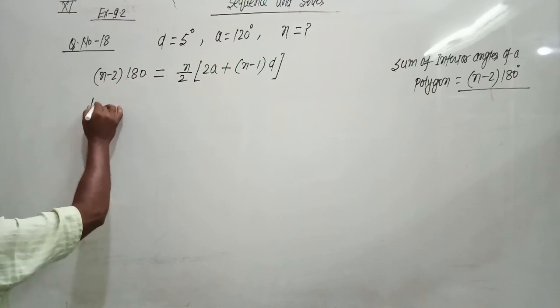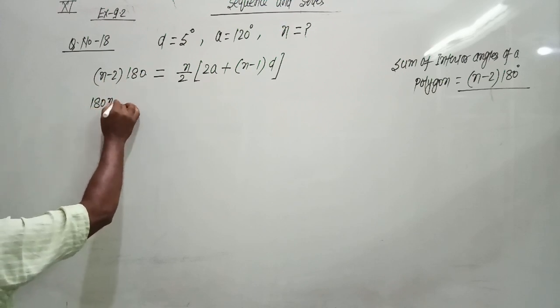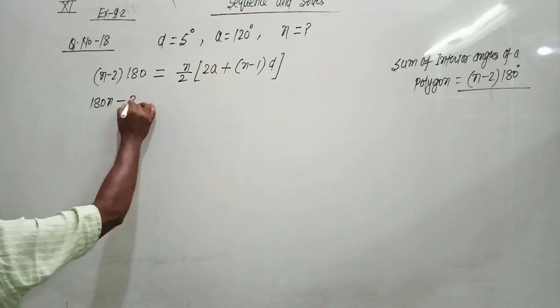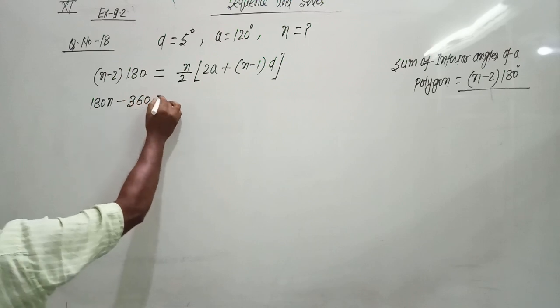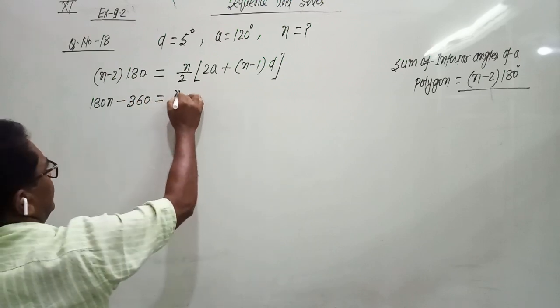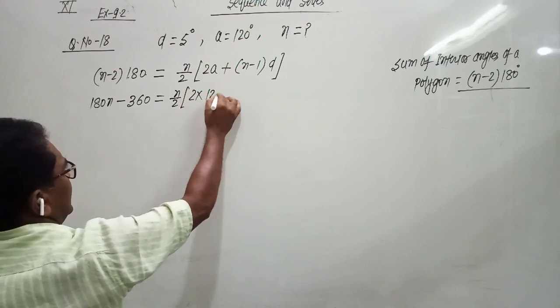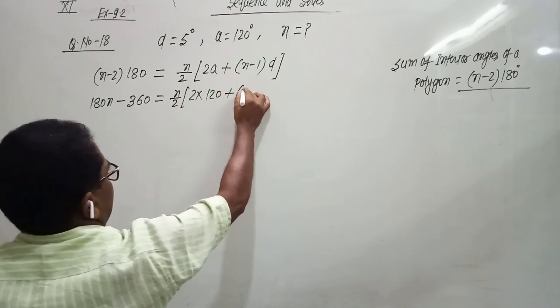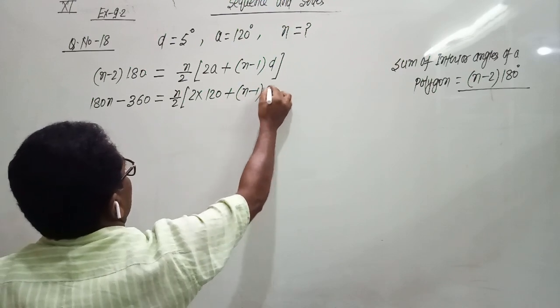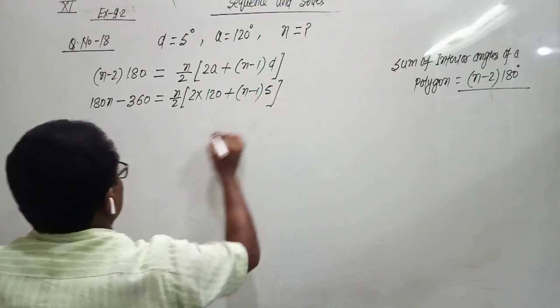180 into n, 180n minus 180 into 2, 360, equals n by 2 into (240 plus 5n minus 5). The value of a is 120, n minus 1, the value of d is 5.